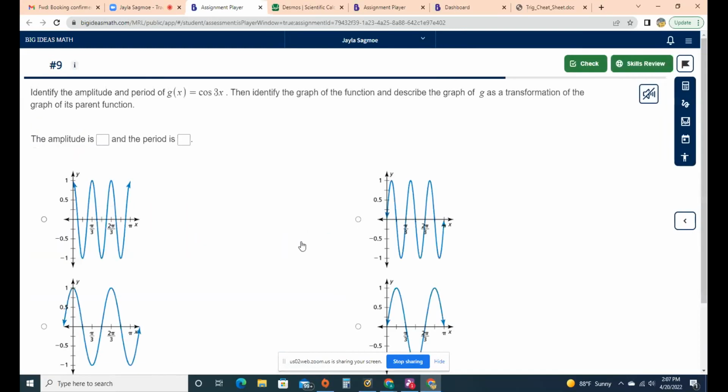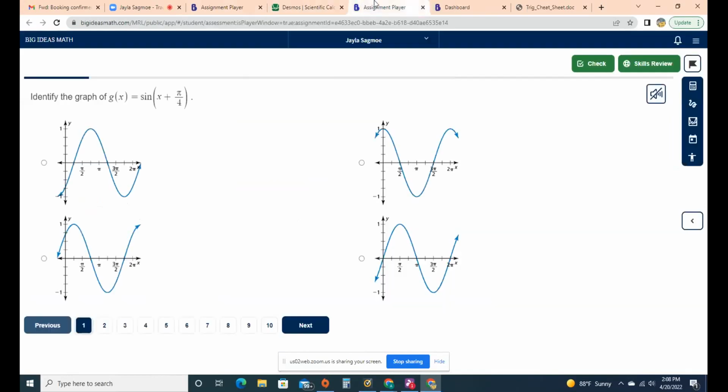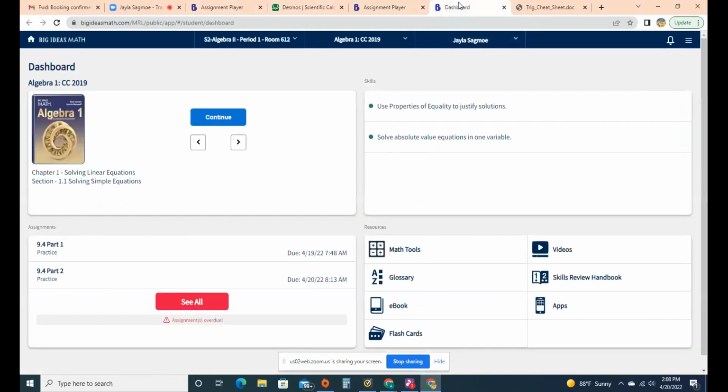Okay, for this one, here's what I want you to do. I want you to open up Desmos graphing this time in the right tab. I want you to have them both open side by side. Yeah, the graphing calculator there also.